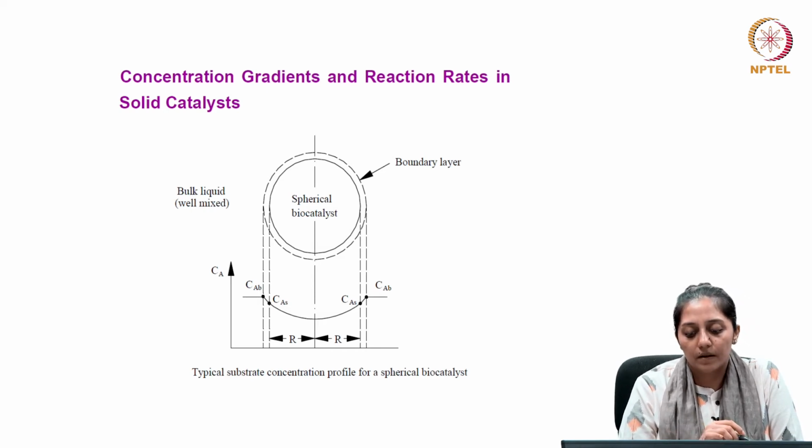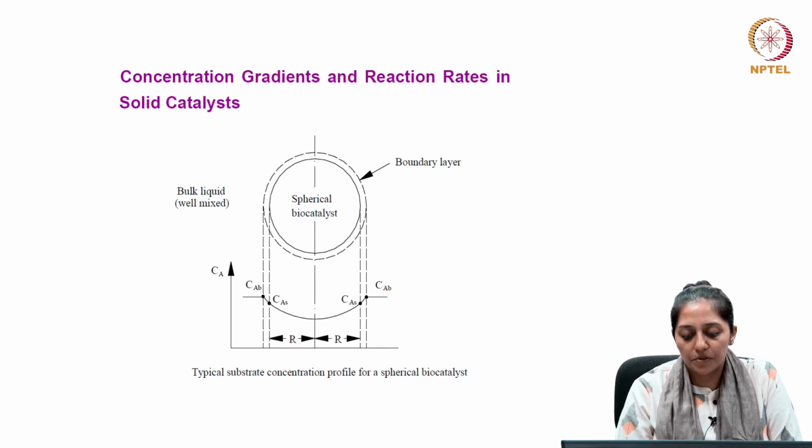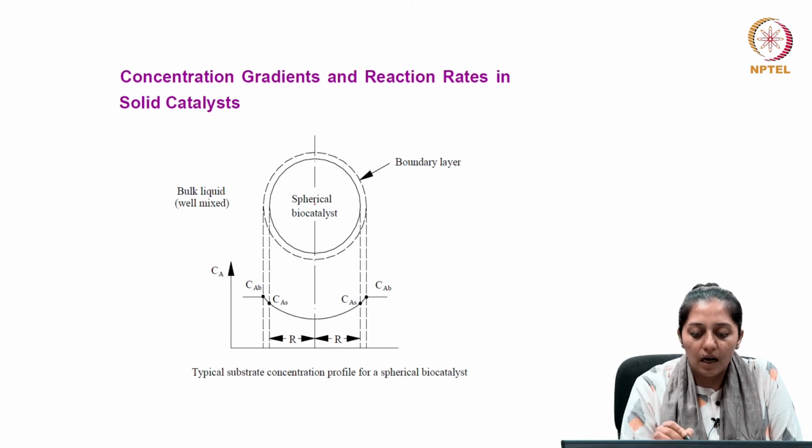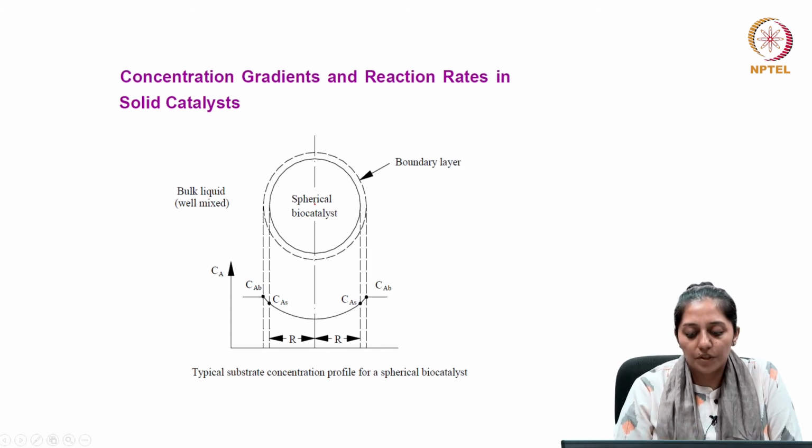So the boundary layer is absent, but the plot shown here is an actual scenario, where you make a plot of the concentration of the substrate or any component in the medium versus R, where the center of the spherical pellet is your origin. What you can observe is that the concentration decreases wherever there are mass transfer limitations.